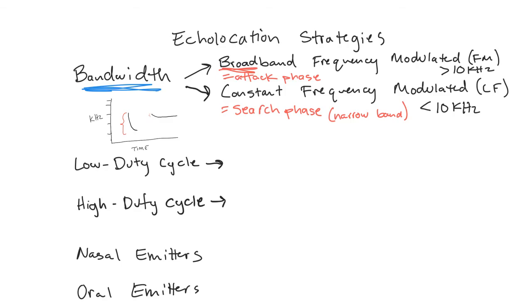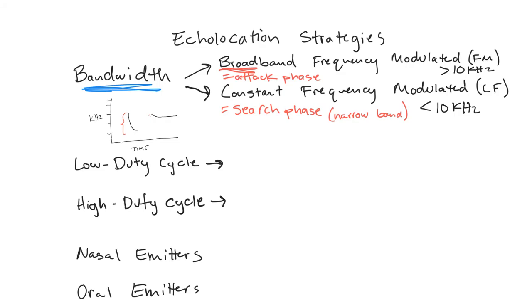So bats, when they're looking, will use a CF narrowband call, and when they find something and start to target its location and direction, they'll use a broadband call. So the search phase works better for a longer distance. The broadband frequency works better for close distances. Okay, and the same organism can use both types of calls. It's just what it is doing within that.